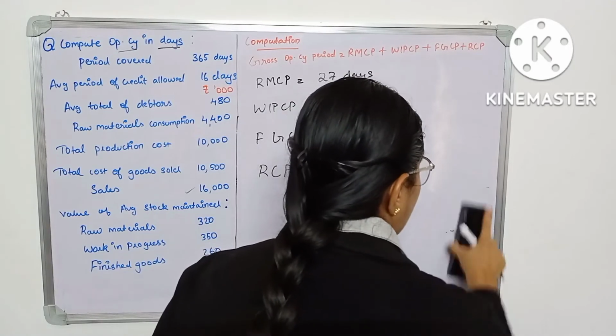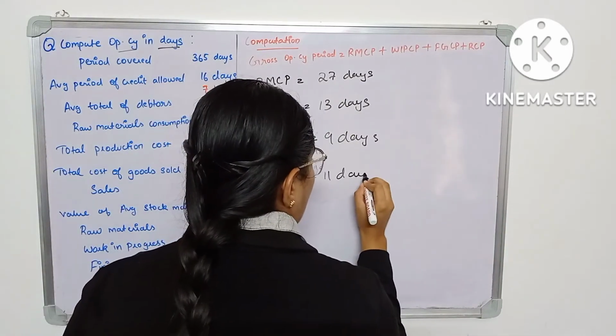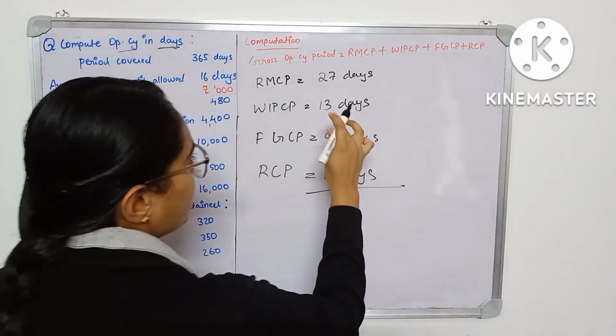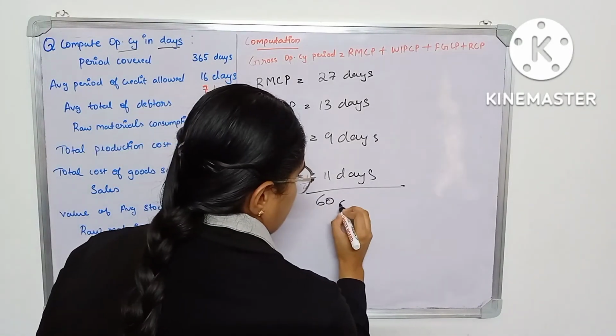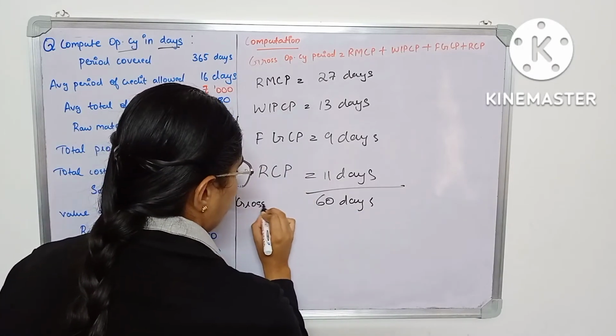You got 11 days. Now what is the gross operating cycle? If you add up all these, you will get the gross operating cycle, which is 60 days.